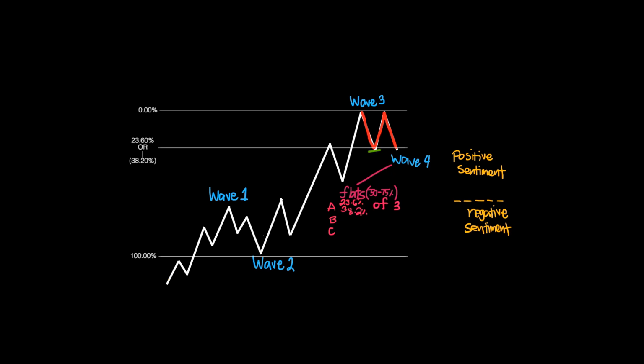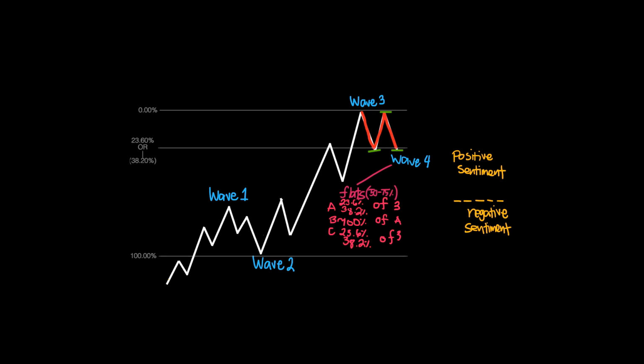And then you have a B wave, which typically rallies all the way to the beginning of the A. And then after that, you have one last leg down, which brings it also to the previous low, or to the 236 or 382 fib support where the low of the A was made. Now, this kind of flat happens more than half of the time inside wave 4.